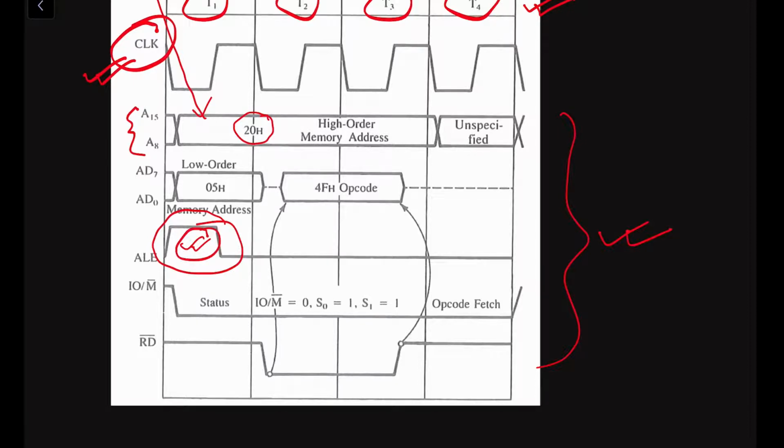Whenever we have a high signal at ALE, this multiplexed address data bus, AD7 to AD0, will be working as an address bus. You have to understand that a high ALE signal represents that this multiplexed bus is working as an address bus. This will be only for one clock cycle.